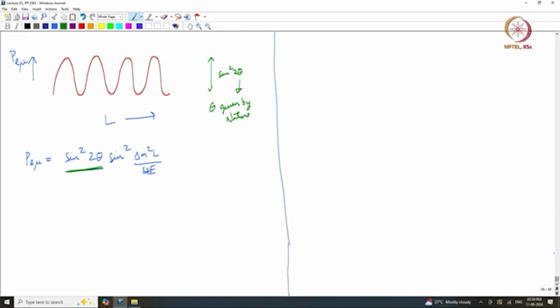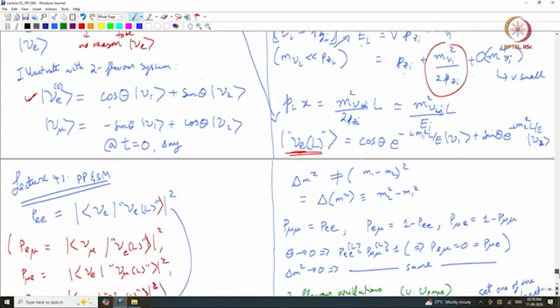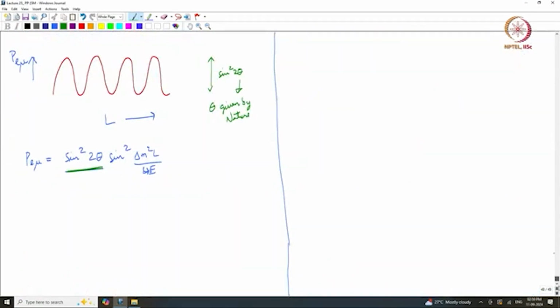This is a theta that is determined at the Lagrangian level itself, correct? Now the real fun is to identify over what length you complete one oscillation. It would make sense to call that some oscillation length, right? In this case, what is the oscillation length using this formula?